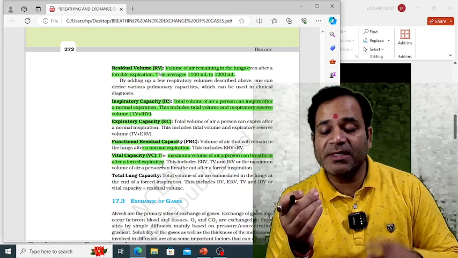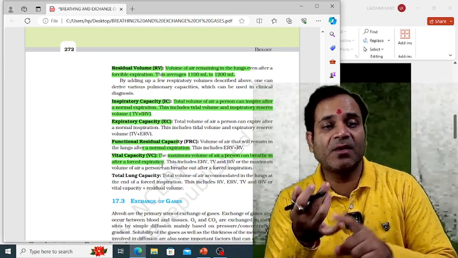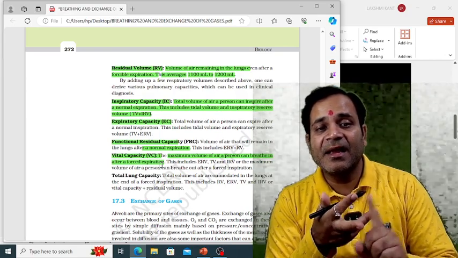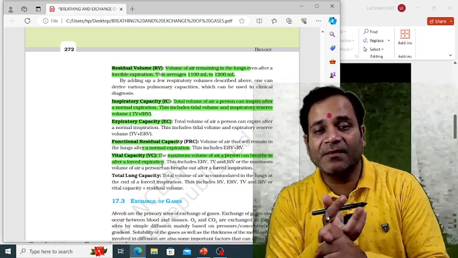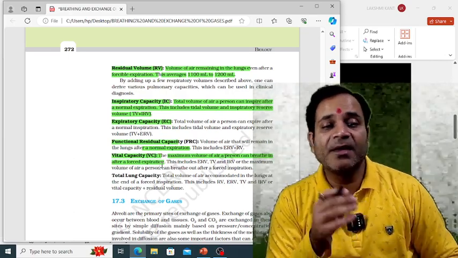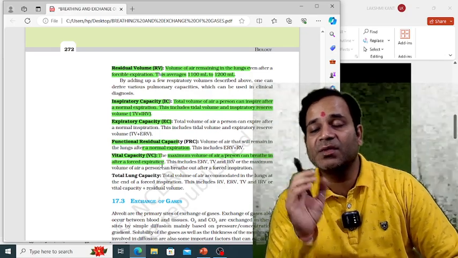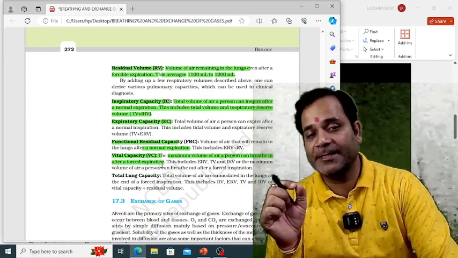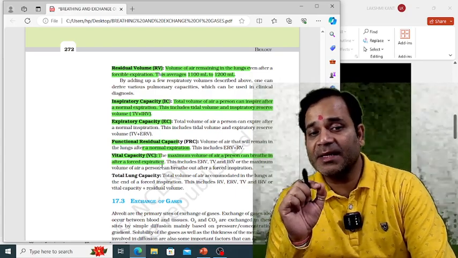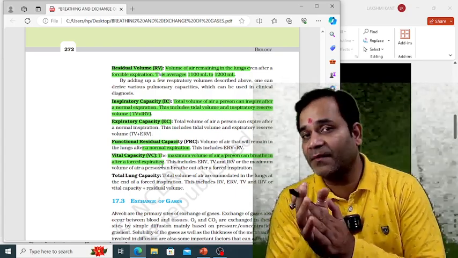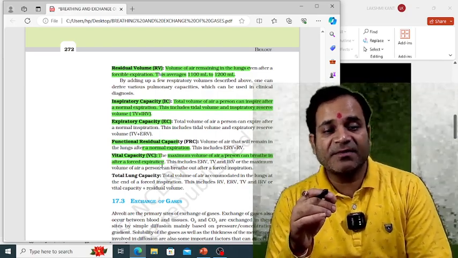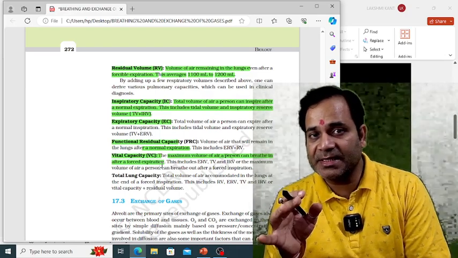This includes ERV, expiratory reserve volume, TV, tidal volume, and IRV, inspiratory reserve volume. These all combined together are known as vital capacity. So if anybody asks you about the vital capacity, you say the maximum volume of air a person can breathe in after a forced expiration is known as vital capacity. Hope this is clear.